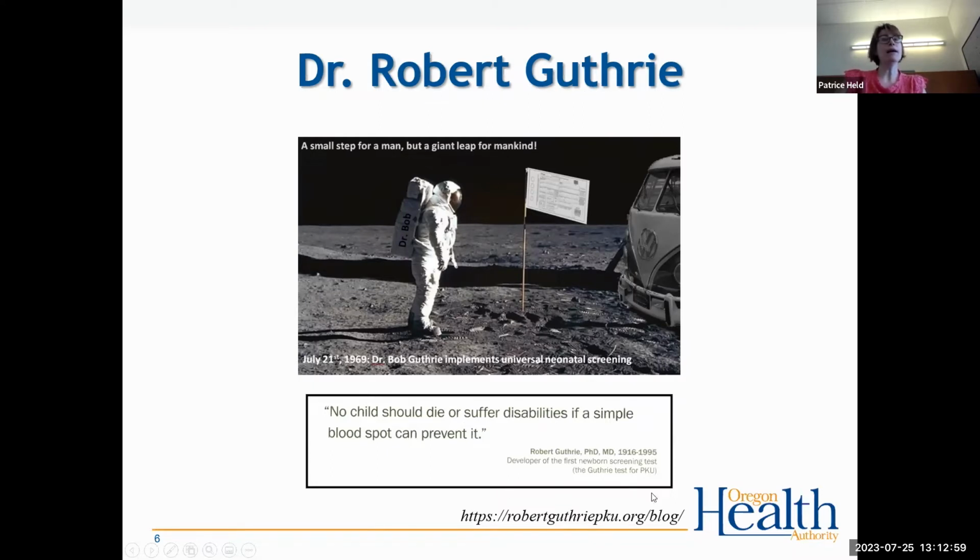This is a blog that his daughter put together for him and his work. He's known for saying that no child should die or suffer disabilities if a simple blood spot test could prevent it. And one of his colleagues designed this cute little image that his work was one small step for a man, but one giant leap for mankind.